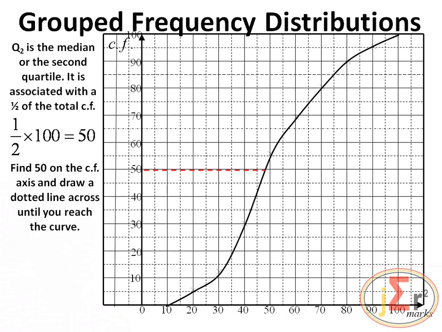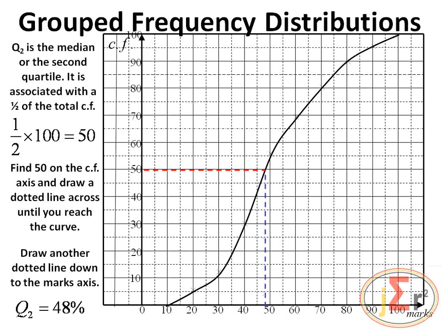Then we draw another line that goes down to the marks axis, like that. And that value is our second quartile, which is the median. So the median is 48%.